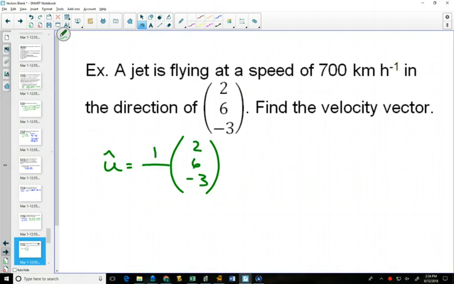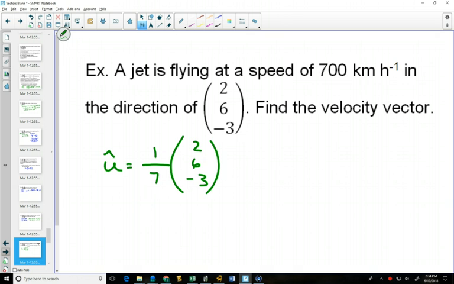If we find the unit vector for this one, that's going to be 1 over the length of this vector. And if I find the length of this vector, it is 2 squared plus 6 squared plus 3 squared, which is a very nice number, adds up to 49. So we get 1/7. Okay? And now we can multiply it by 700.